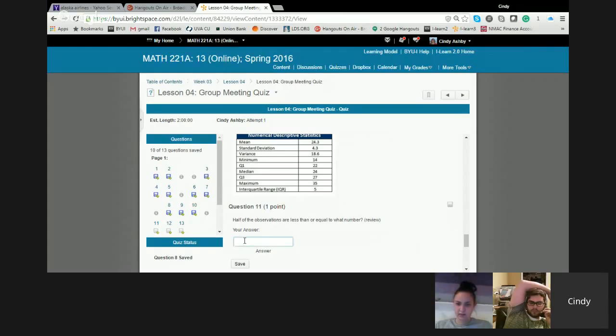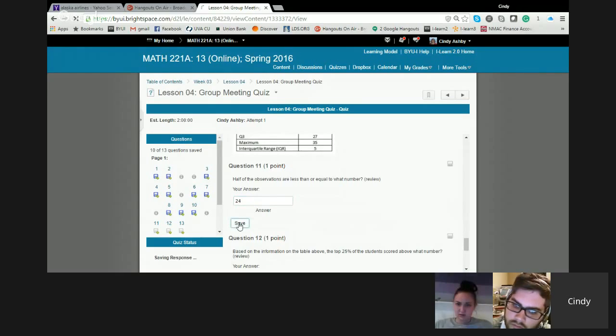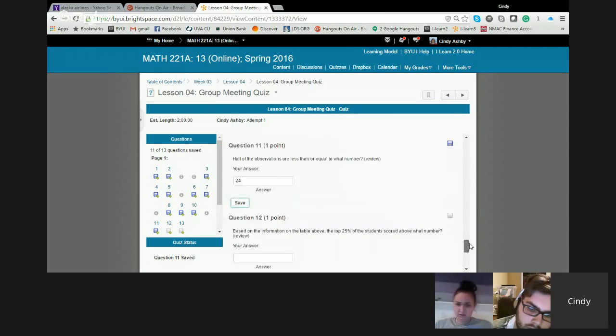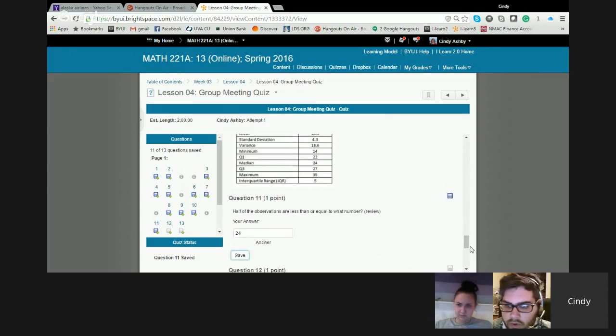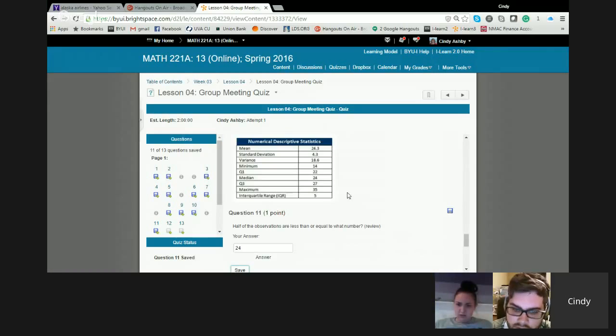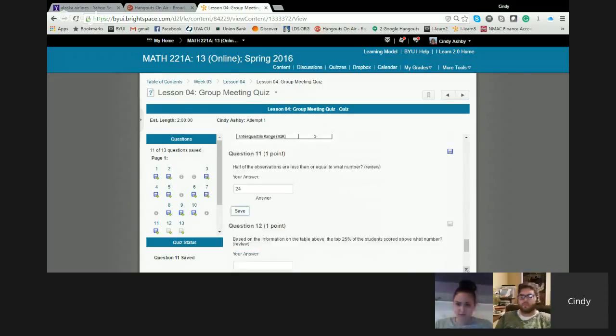Yeah. Based on the information on the table above, the top 25% of students scored above what number? 27. 27.